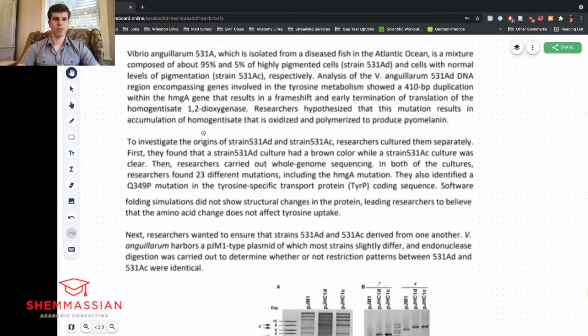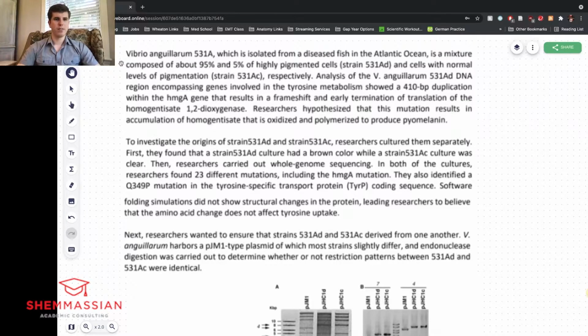Okay, so looking here at the top of the passage, Vibrio angularum 531A is isolated from diseased fish in the Atlantic Ocean, a mixture composed of about 95% and 5% of highly pigmented cells.